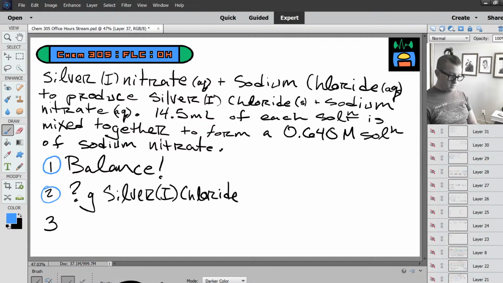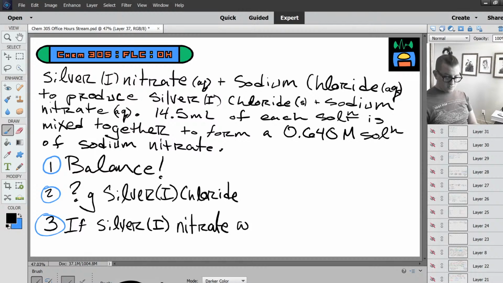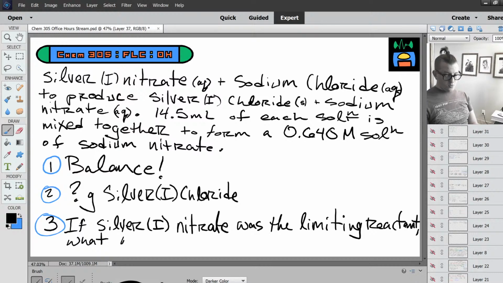And then three, I'm going to ask if silver nitrate was the limiting reactant. What was the molarity of this solution?